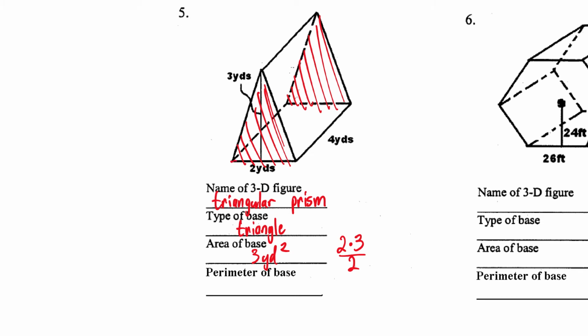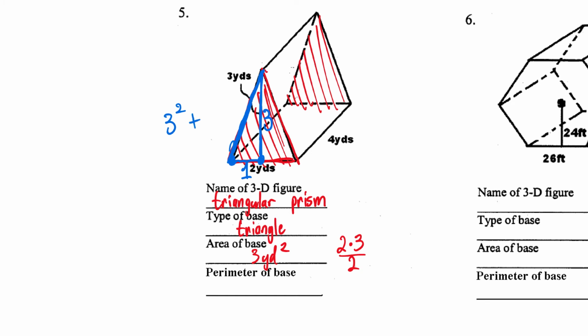Now for the perimeter, I know this side's 2, but I don't know these sides right here. Okay, but I do know this is 3. And if this is an isosceles, which we're going to assume, how far is it from here to here? It's going to be 1. The whole thing is 2, so that's half of that. This is 3. So how can I find this over here now? Pythagorean theorem. And I'm just going to do the little shortcut here.